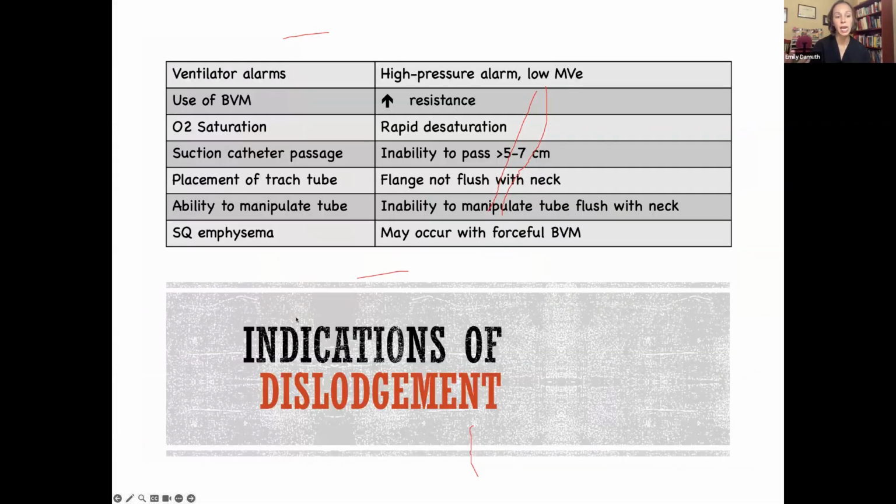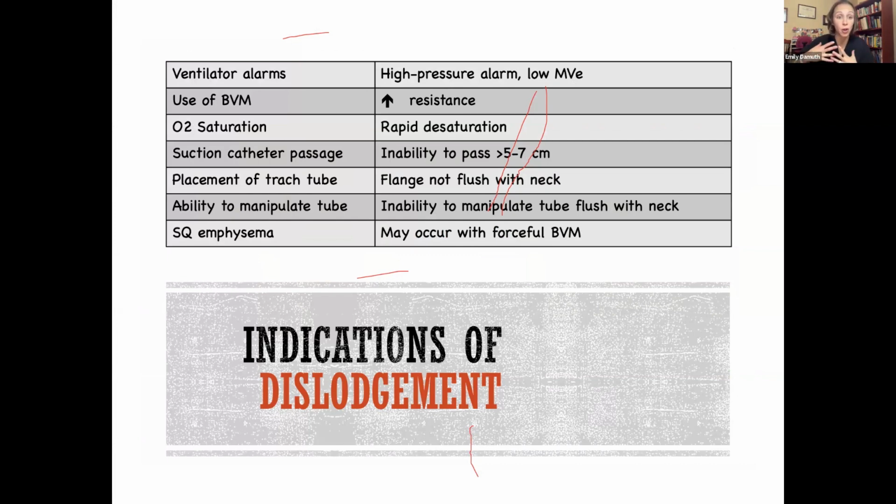So what are the indications, how did we know that right away? One, she told me when she walked in, the low minute ventilation alarm was going off. Well, that's because air was not getting into the lungs. It was in the false passage. Then when you bag, you probably will encounter some resistance.